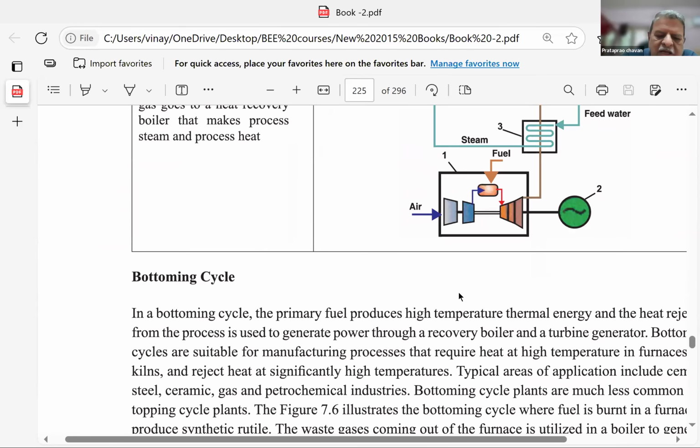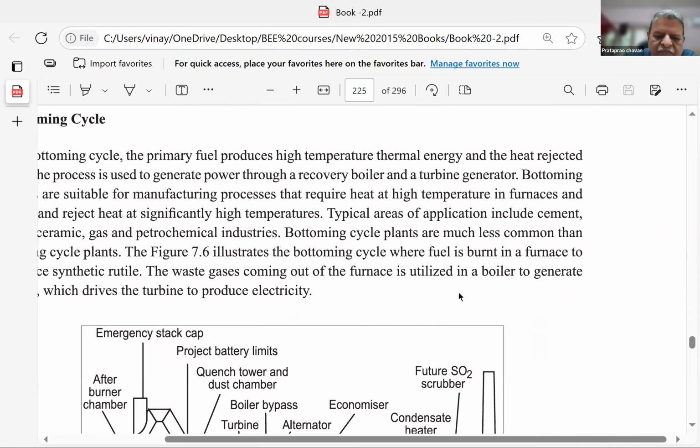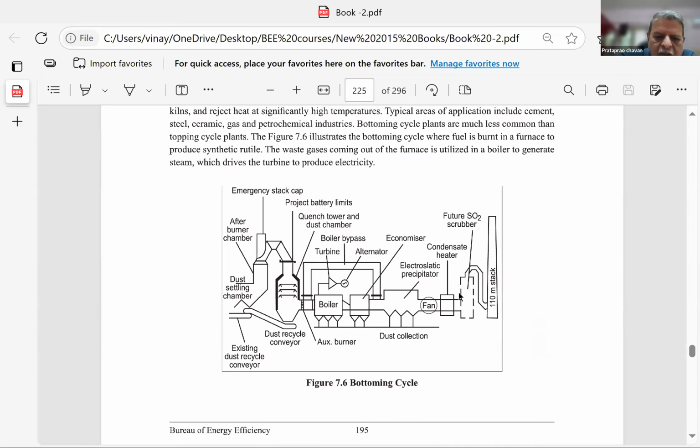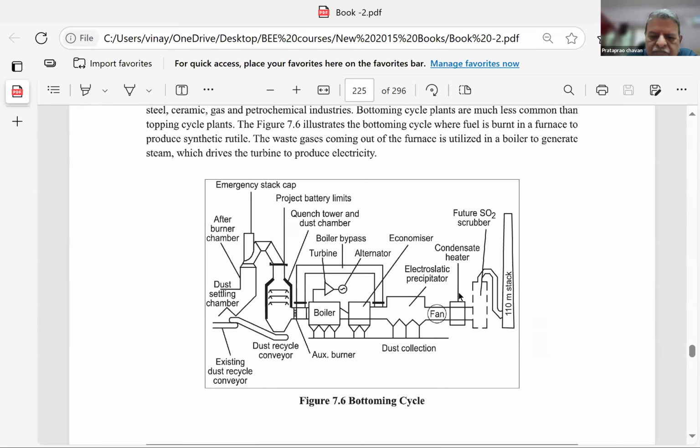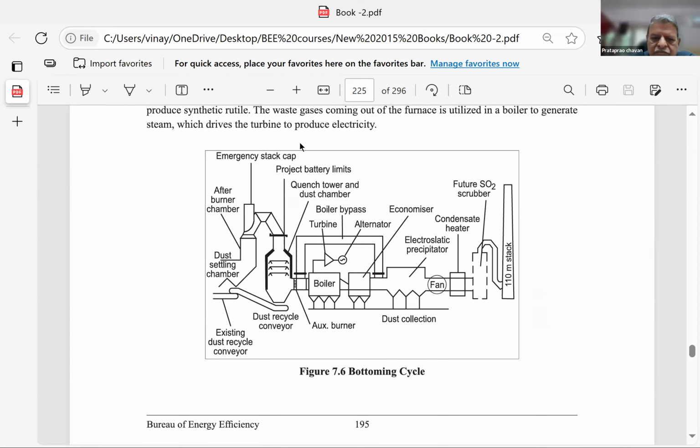The bottoming cycle, if you look at here, the fuel is generating heat, but very high temperature heat is required for roasting purposes in the cement industry.